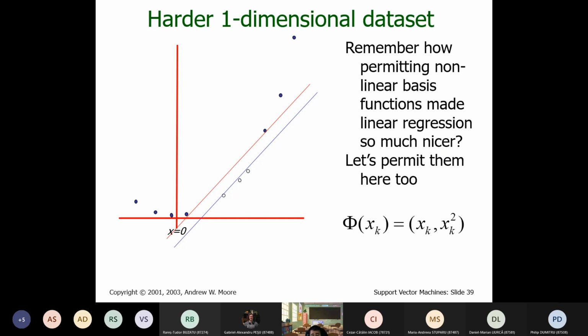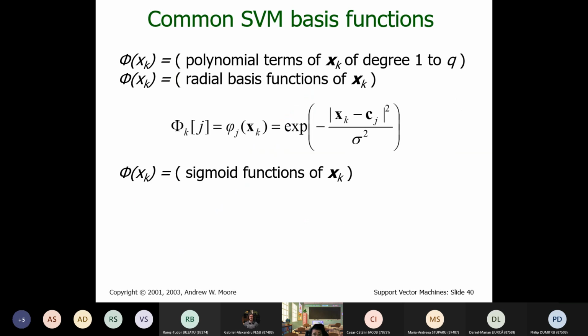So this is what's happening. We use such a basis function, which in this case is polynomial, but we could use a radial basis function or a sigmoid, or different exponential, and we will get to a different space. So again, these are some examples of basis functions that may be used: polynomial, radial basis function, sigmoid, and so on.